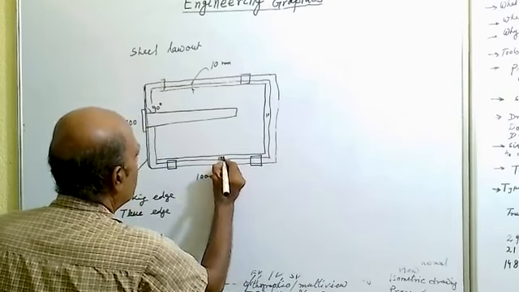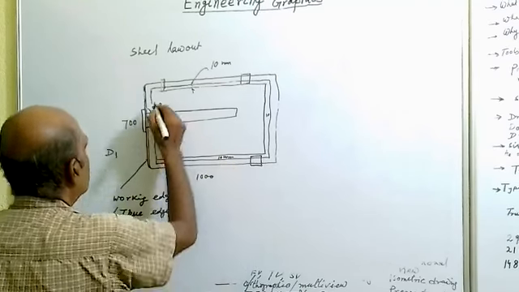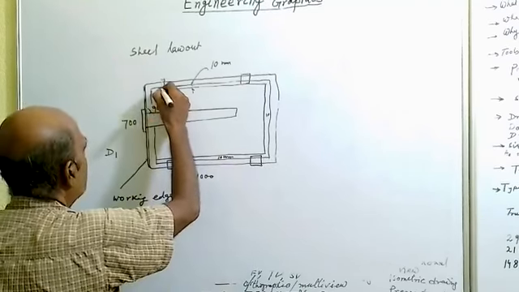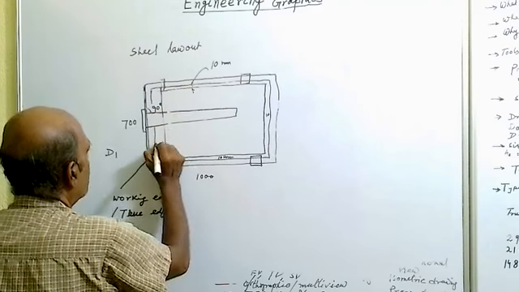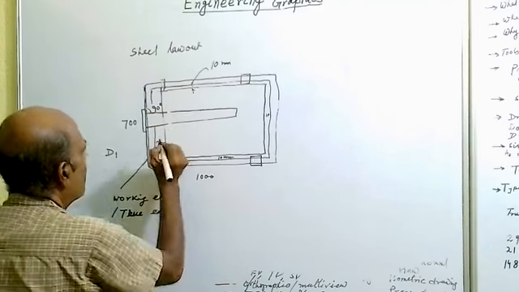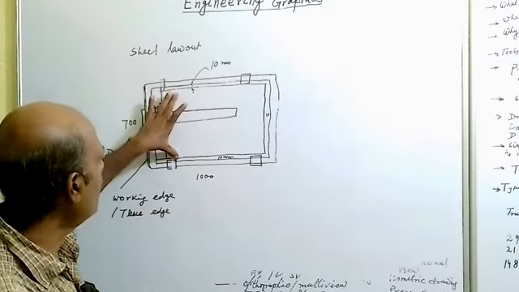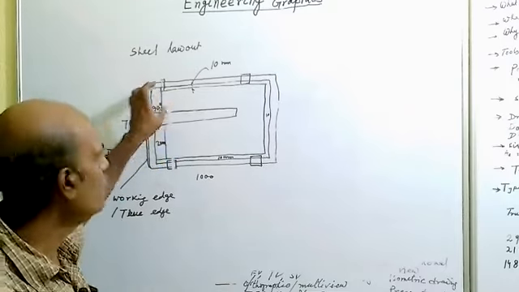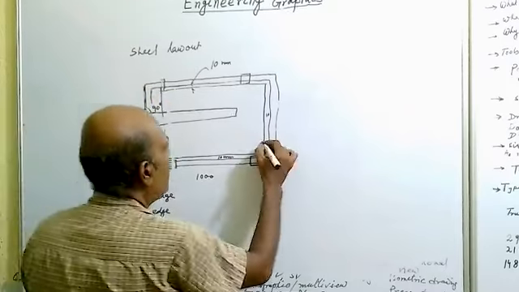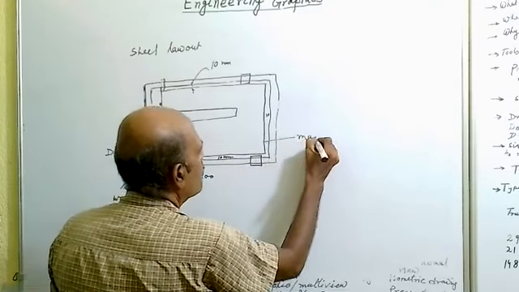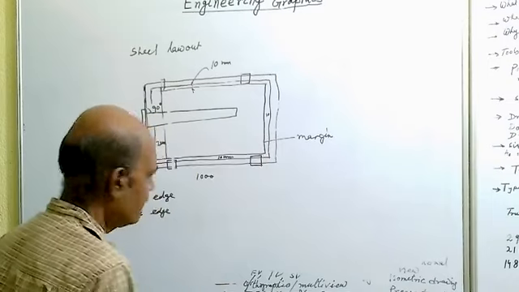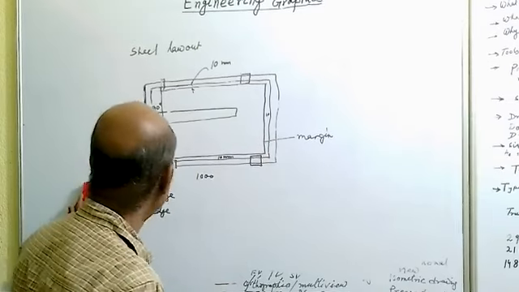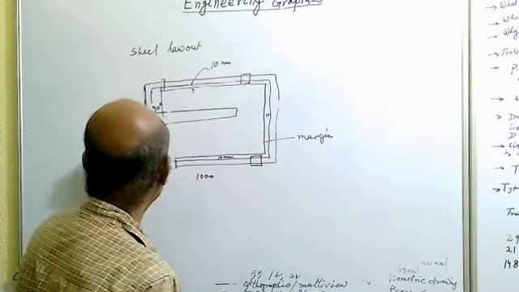Okay, this is 10 millimeter, and this side we leave 20 millimeter. So after layout, we will draw this, which is called the margin. So first draw the margin. Okay. Now after drawing the margin, we will see in the next drawing.